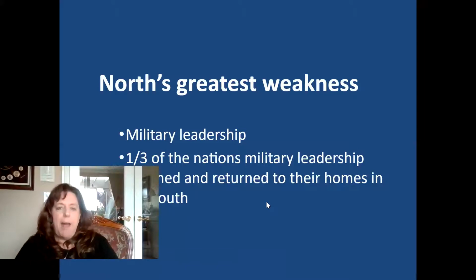They felt very passionate and very connected to their communities, and so they just up and left. There were great military leaders who were opposed to slavery, who were opposed to secession, but yet they were so connected to their states that they left the Union and went and stood by their states.